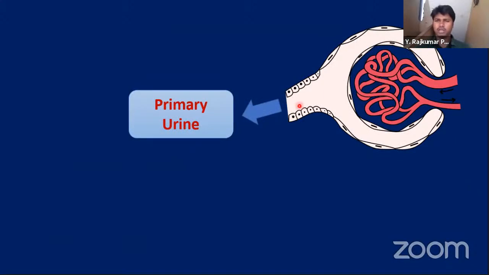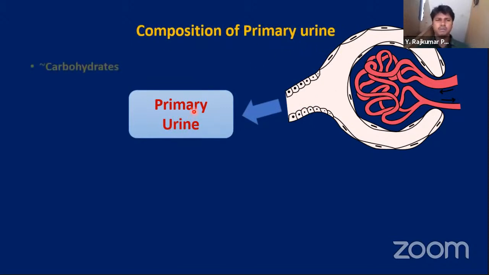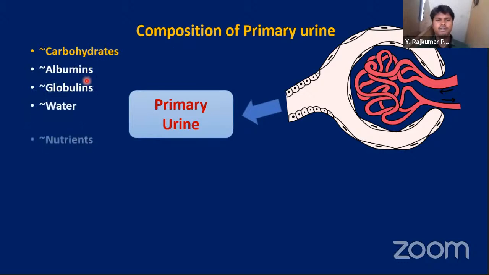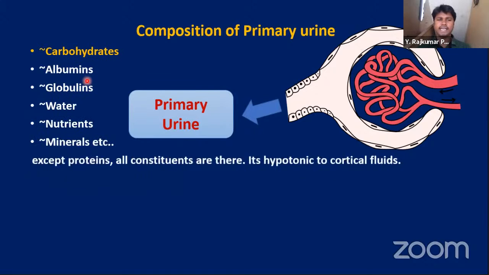From the glomerulus, whatever filtrate is formed is called the primary urine. What is present in this primary urine? Primary urine contains carbohydrates, albumins, globulins, water, nutrients, minerals, etc. Except proteins, all constituents are present in the primary urine. Since it has useful products also, these useful products are reabsorbed in the next step.